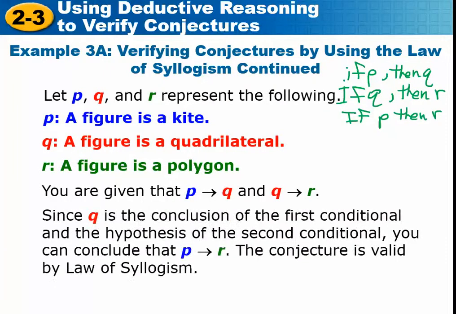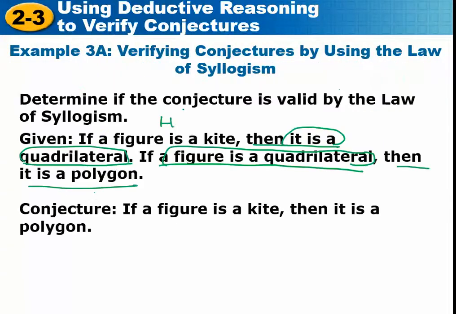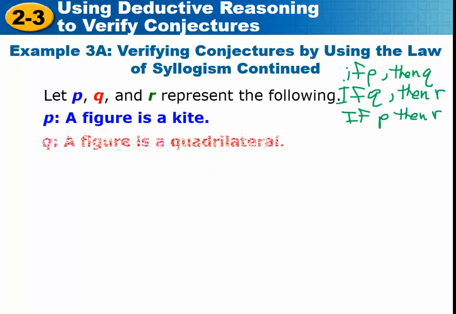And this one followed exactly the right format, so it was valid by the law of syllogism, whether we use symbolism like they did, or use the words and match up the different parts like we did.